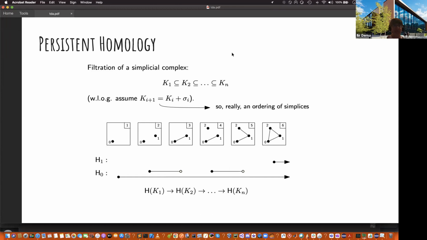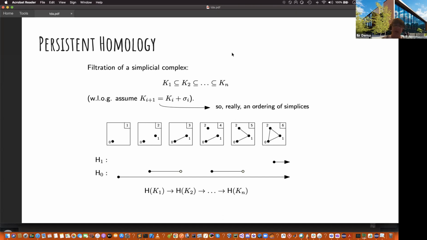Now, the vertex 1 attaches to the vertex 0 by the line segment 0, 1. So it sacrifices itself in order to give us a simplex of the higher dimension. We say that vertex 1 dies.